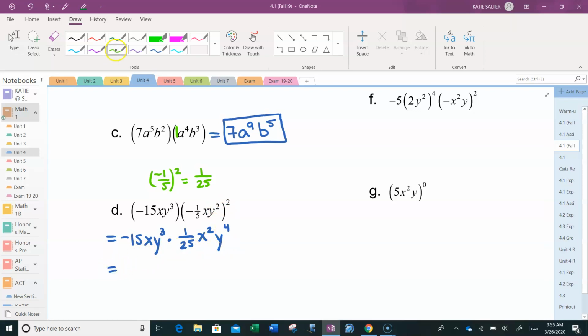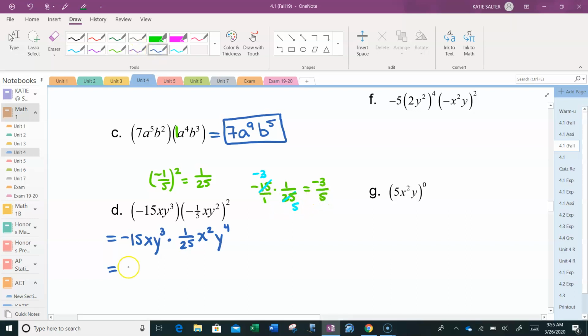Again, if you need to go over to the side of your paper, -15 times 1/25. I like to cross reduce. 5 goes into 15 3 times, so that would be -3. 5 goes into 25 5 times. So ultimately, this would give us -3 times 1, which is -3, over, and this is really like over 1, 1 times 5 is 5.